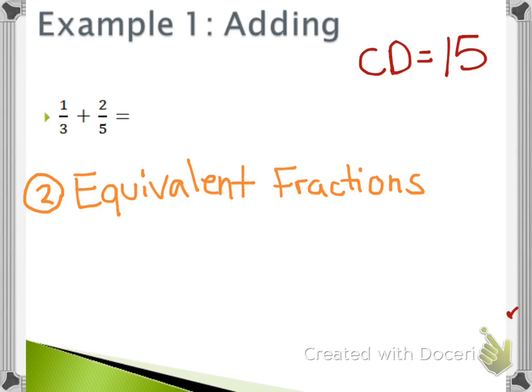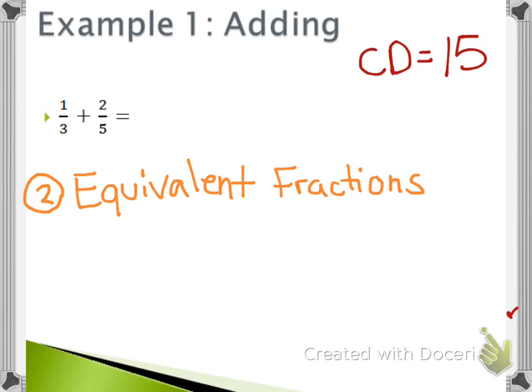So now that we have our common denominator, I've written common denominator, or CD for short, equals 15 in the top right hand corner here, just so that we don't forget what our common denominator is. And so now we've moved on to step 2.